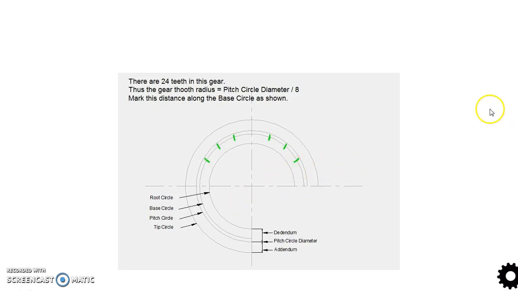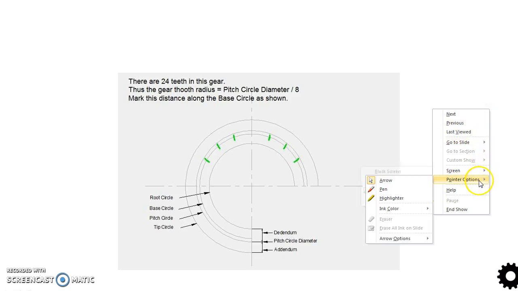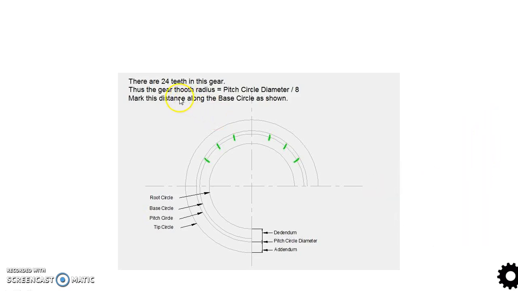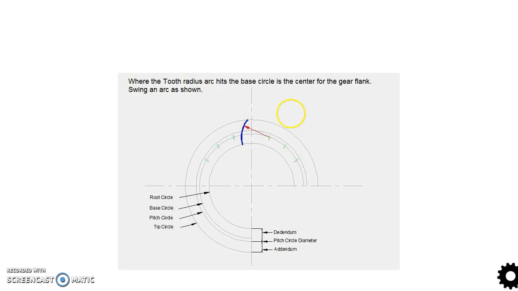Okay, now this is an important formula. I will just highlight that formula for your attention. Gear tooth radius is equal to pitch circle diameter upon 8. Using this formula we arrive at the gear tooth radius, and then you draw the arc.